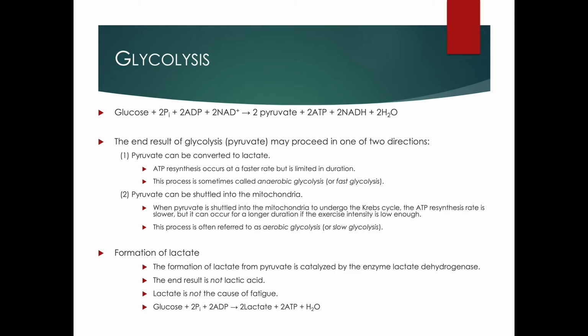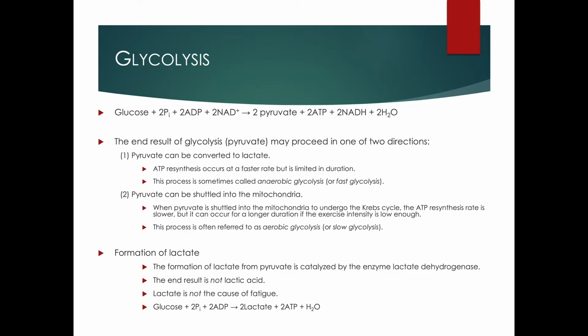Another fate of pyruvate is that it will be converted into acetyl-CoA, which will then go into the mitochondria and through the Krebs cycle. Okay, then it says ATP resynthesis rate is slower, but it can occur for a longer duration if the exercise intensity is low enough.